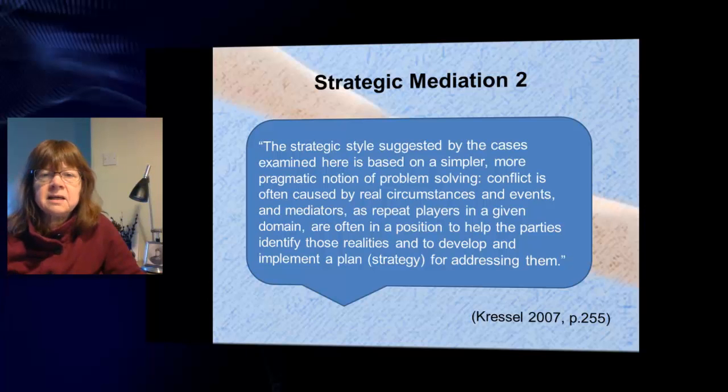And he considers that the strategic style suggested by the case examined here, in which he means his paper, is based on a simpler, more pragmatic notion of problem solving. Conflict is often caused by real circumstances and events, and mediators, as repeat players in a given domain, are often in a position to help the parties identify those realities and to develop and implement a plan or strategy for addressing them.